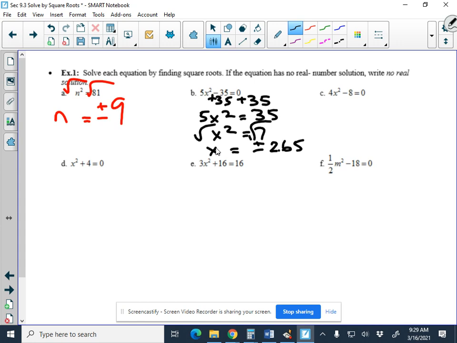All right, let's try part C. First, let's add 8. Where x squared equals 8. Now let's divide by 4. Now, as soon as you get x squared, you're going to take the square root.